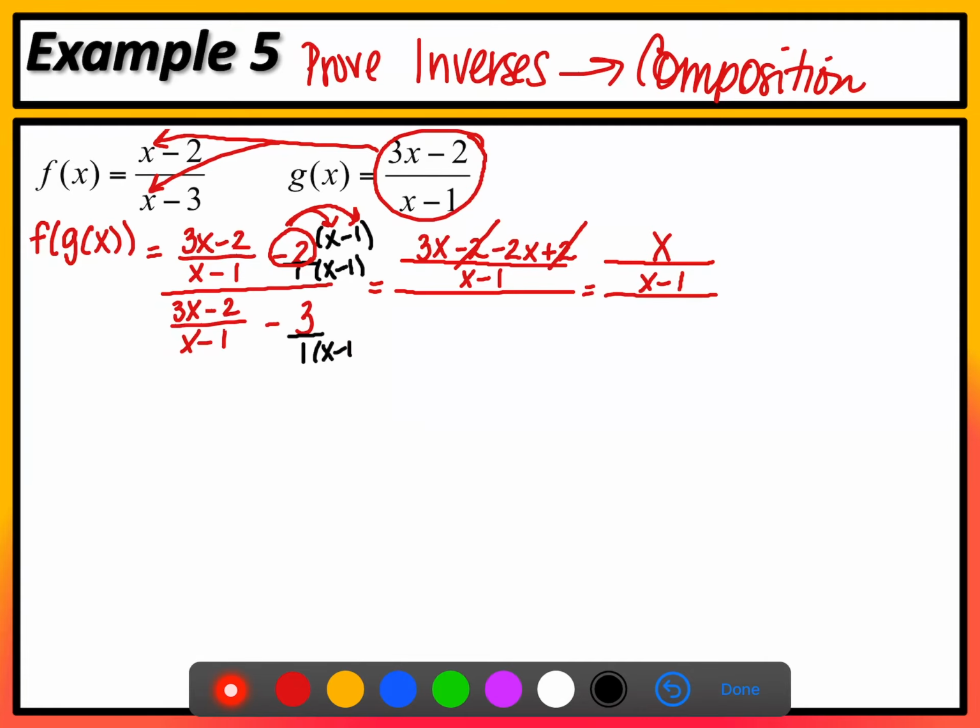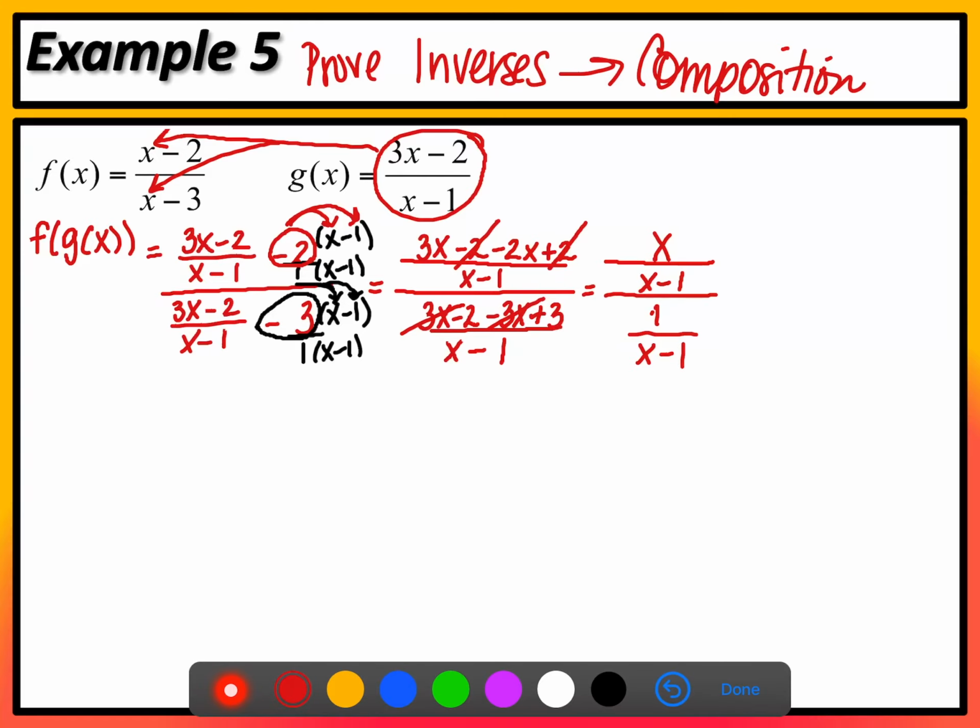Okay, now we're going to go back and make a common denominator on the bottom. All right, and just pay attention here. You're distributing a -3. Okay, and then we're going to combine. So these cancel. We end up with 1 over x minus 1.